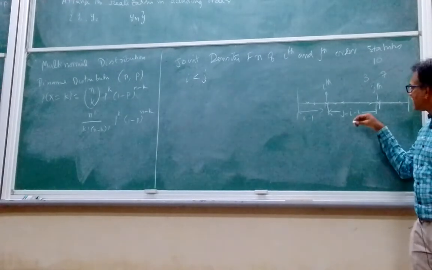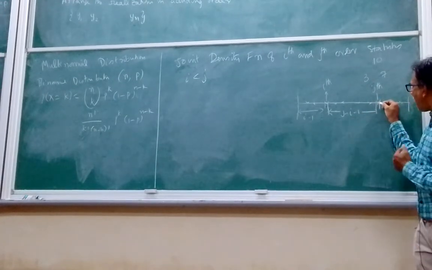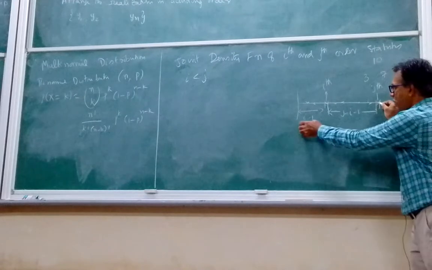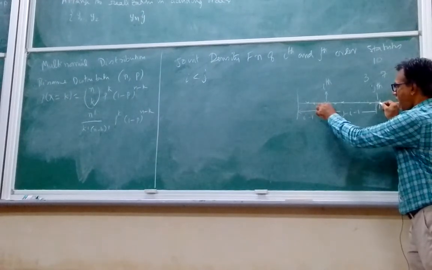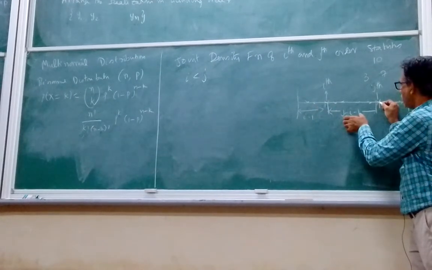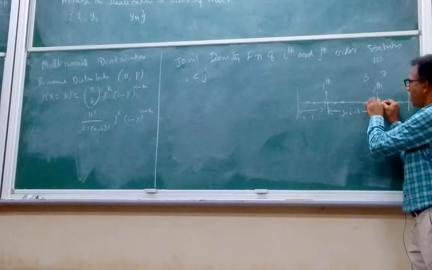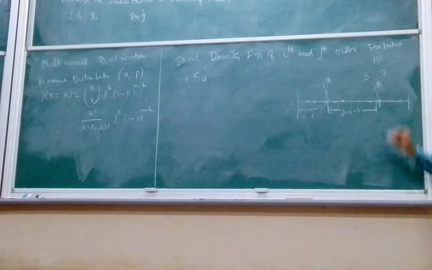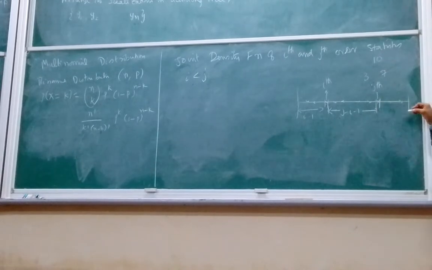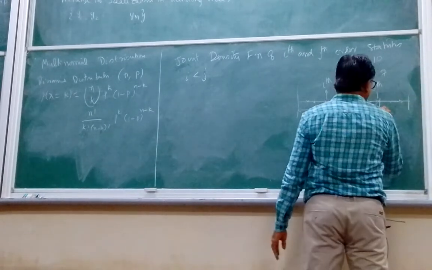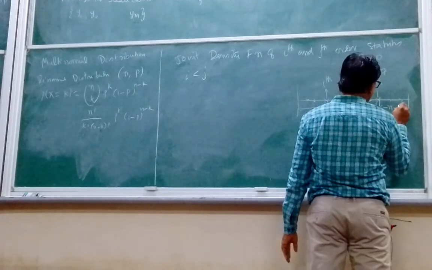You can easily see that. See, at this point j should have occurred: i minus 1 plus 1 plus j minus i minus 1 plus 1, that is j. j has occurred. And how many in this place? n minus j.